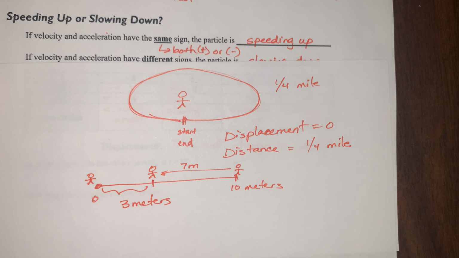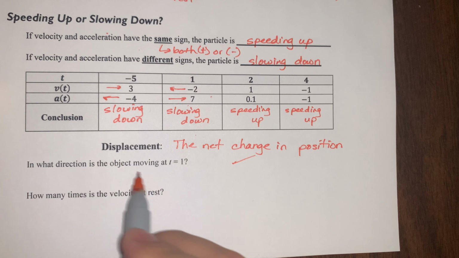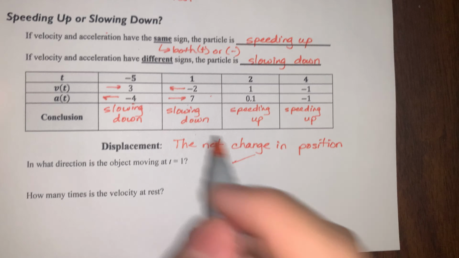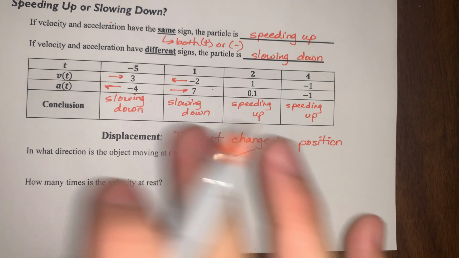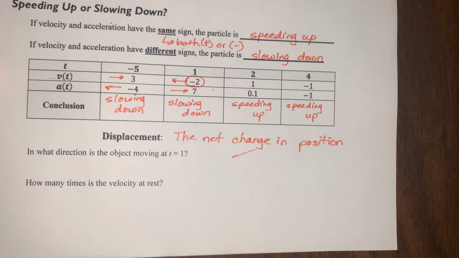So now here's just a couple of questions about this table. It says, in what direction is the object moving at t equals 1? Well, let's look at t equals 1. So at 1 second, as far as in what direction the object is moving, we're going to look at the velocity, and we notice that the velocity is -2.